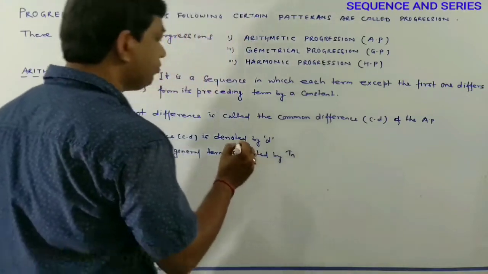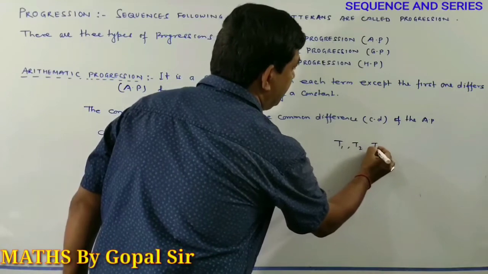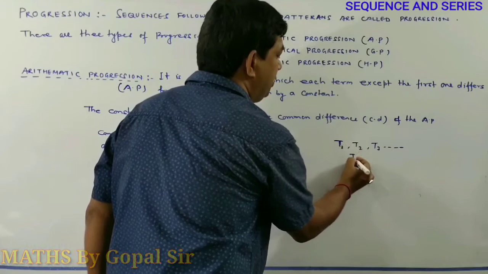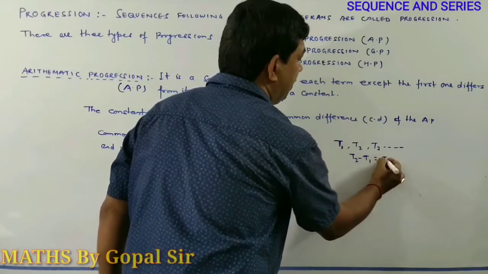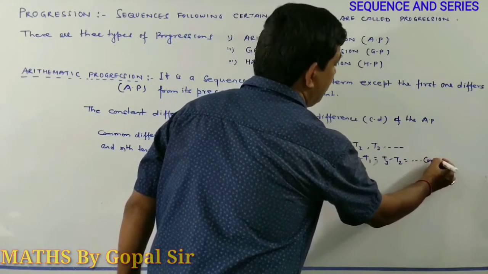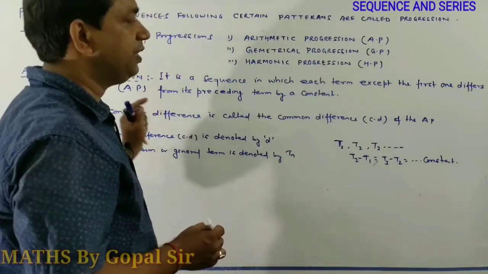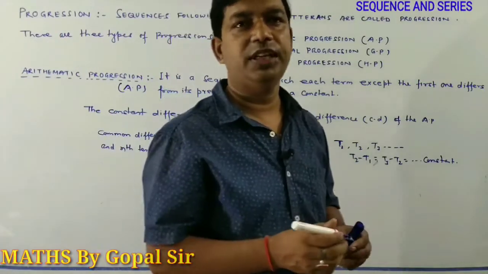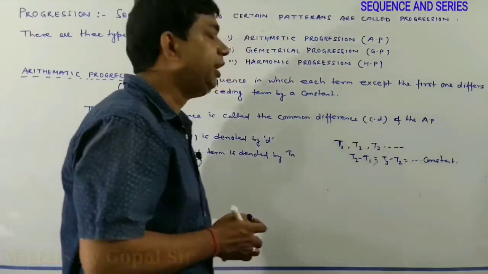Suppose we have terms T1, T2, T3. Except the first, that means T2 minus T1, T3 minus T2, and in this way if the difference is constant, then we can say the sequence is an arithmetic progression. Otherwise, if a constant term is added to or subtracted from the sequence, that is called an arithmetic progression.